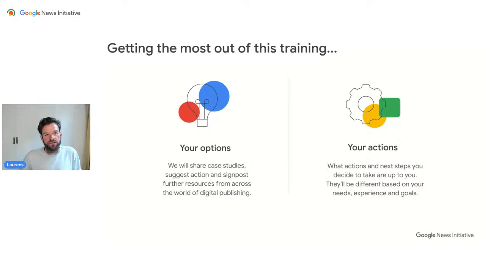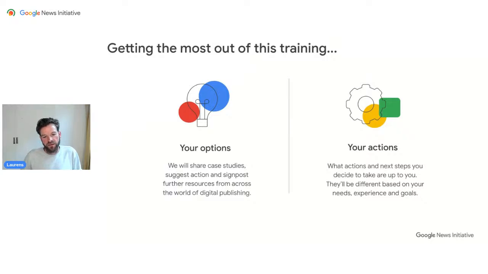And each and every business has their own aims, needs, experiences, different types of audience, different cultures, different countries, and obviously a varying amount of resources available. So it's up to you which actions you want to take based upon the inspiration, case studies, and activities we are showing you. It's all a matter of options, and it's up to you to decide what actions and next steps you're going to take.